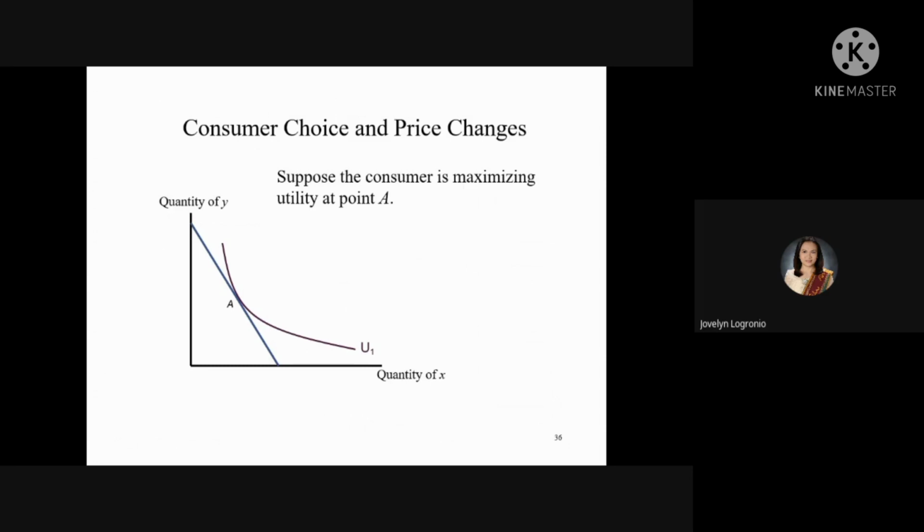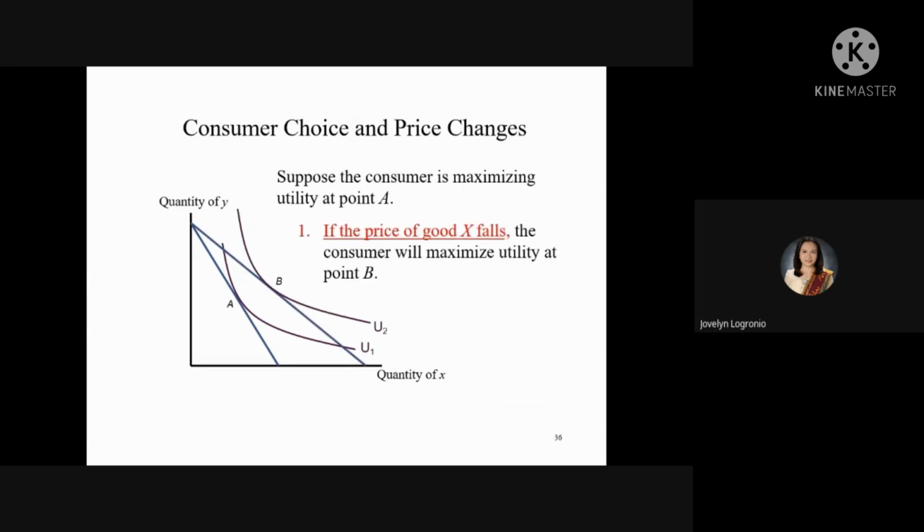So the situation is that the price of good X falls, bumaba. What will happen to the budget line? From the initial budget line na ito siya, di ba? The budget line can either shift or rotate.